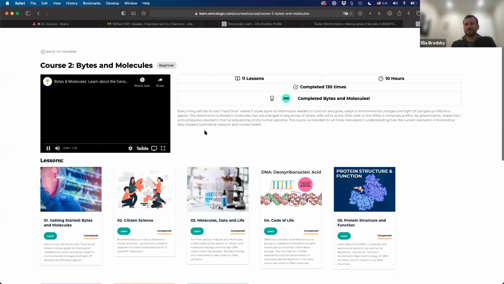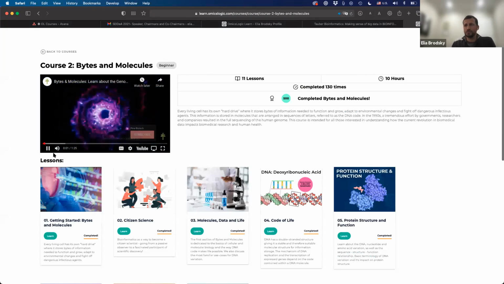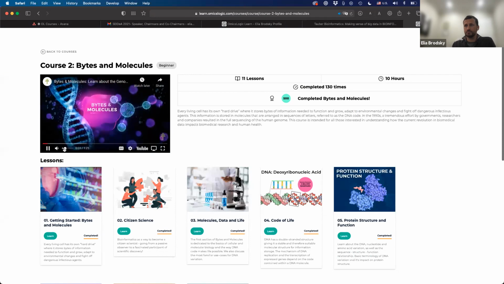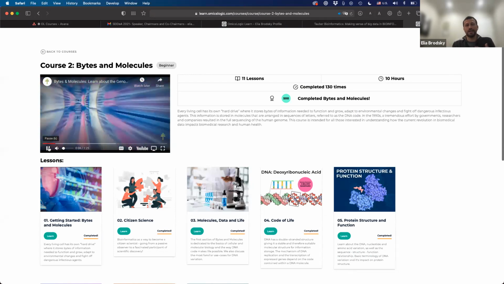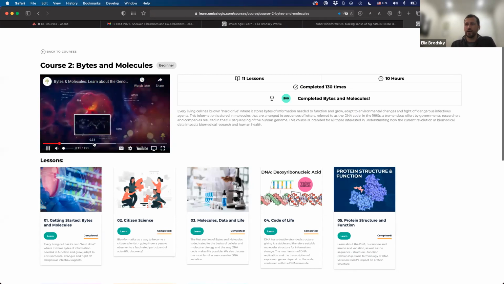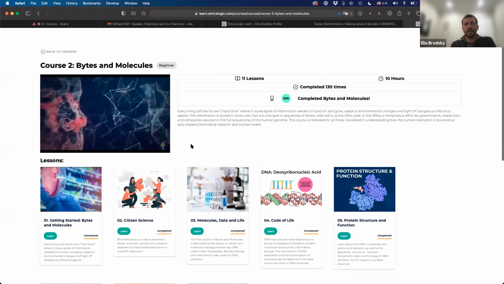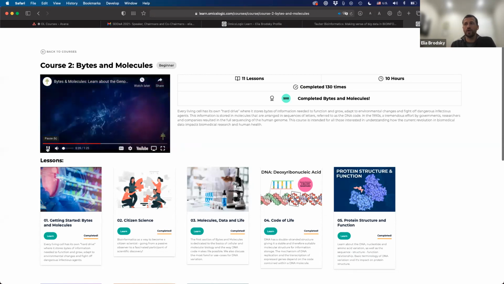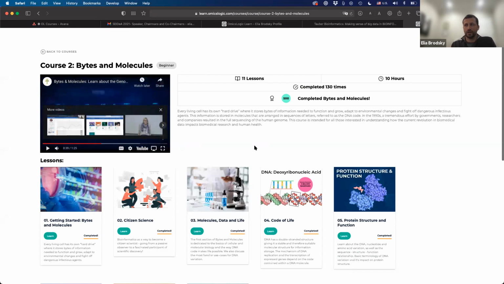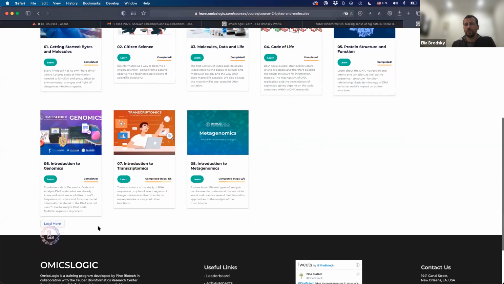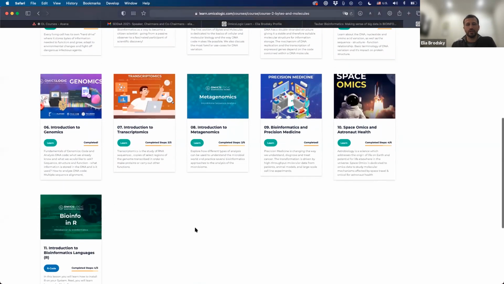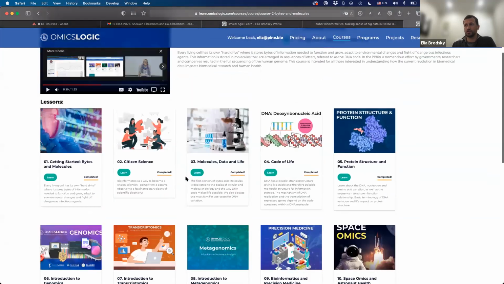The course explains a lot of the basic terms that you need to know to get into this field, and it is using language that anyone can understand, both with and without a bioinformatics background, and it covers important topics that you will want to understand before you really get into a lot of the material that is related to research using bioinformatics. So that's just where you would want to start.